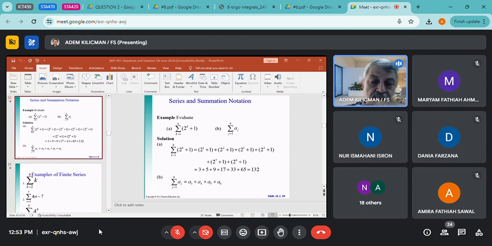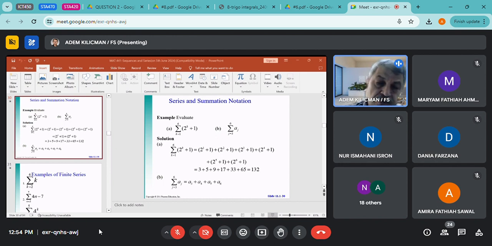Another one is j starting from 3. In here you can see k started from 1, here j started from 3. So we don't have any rules basically for starting from 0 or 1 or 2 or 3. It depends on the situation. For example, if it is given to us like this, j from 3 to 6 only, meaning that A3, A4, A5, and A6 only. That's it.